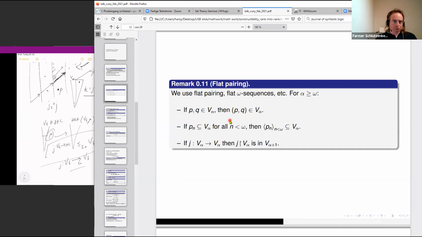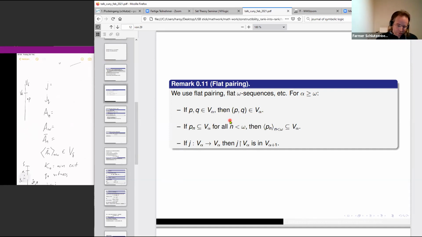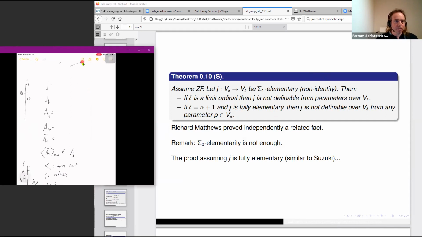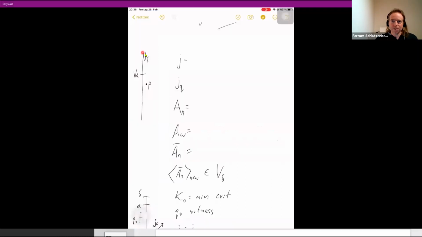Okay, so I want to talk about the proof of this theorem in the case that J is fully elementary. I'm going to work with this on the left. I might make this larger for the moment. Did that go larger? Yes, it did. Okay, cool.